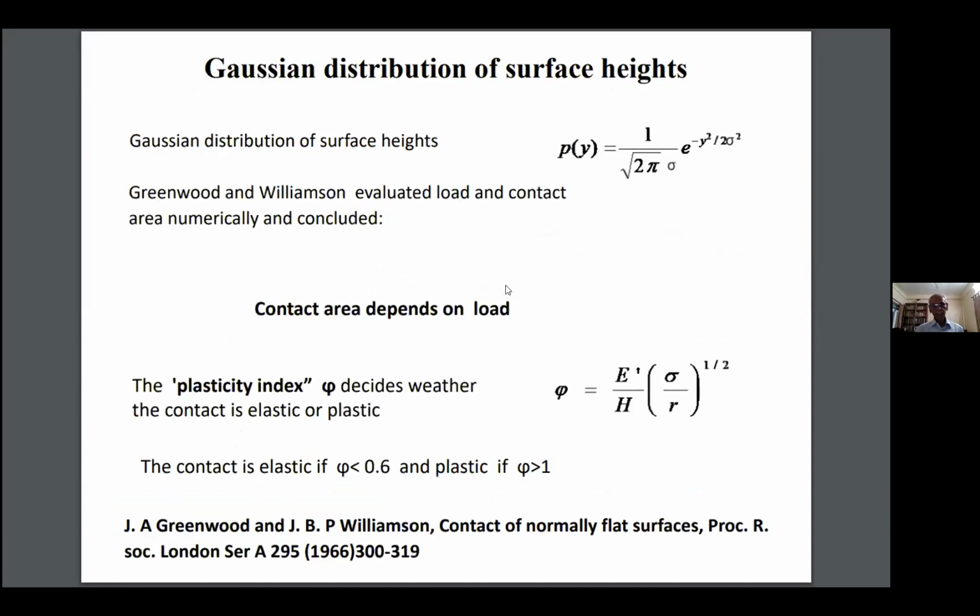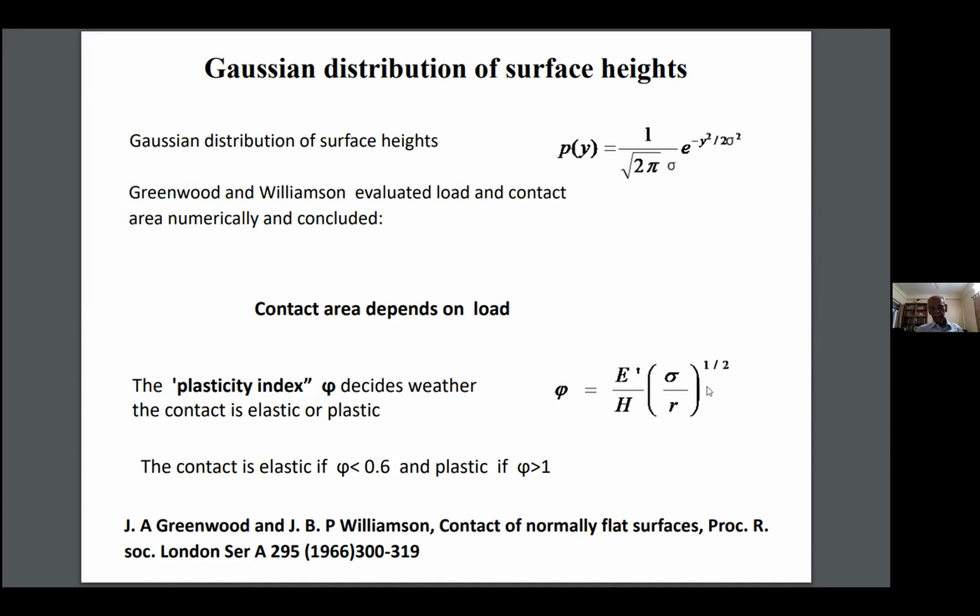But Greenwood and Williamson have shown that there is a parameter called the plasticity index. In fact, they brought this up and found it is given by E dash by H, where E dash is the equivalent elasticity and H is the hardness, and sigma is the standard deviation and R is the equivalent radius to the power half.